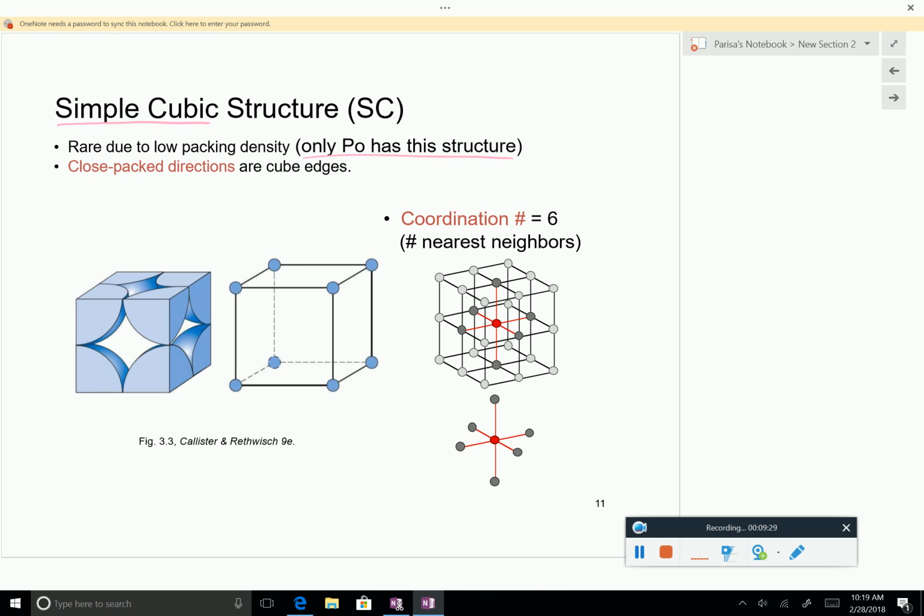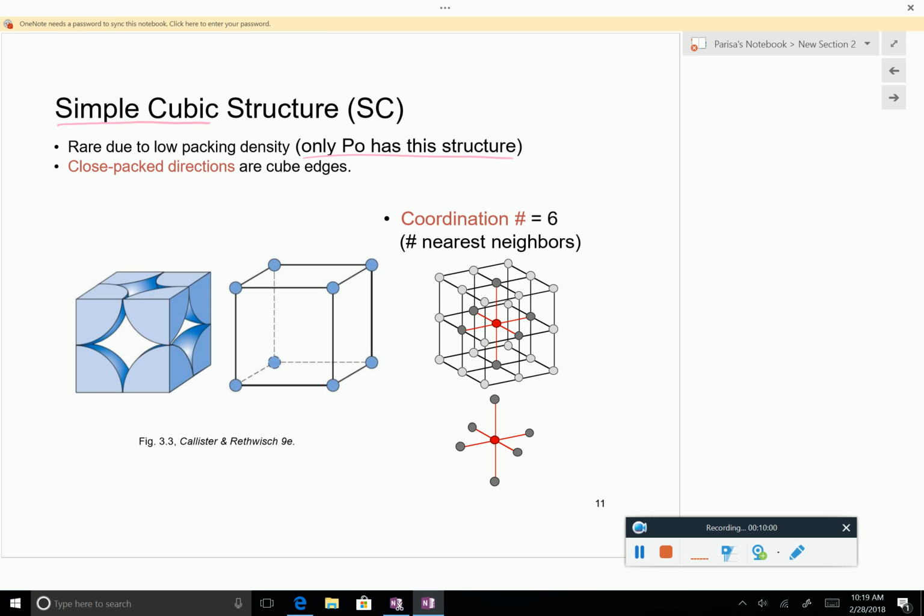The unit cell is just a cube, and then you have these atoms here. There are two different ways to represent a unit cell. Pay attention to the difference between them. In one, you just see the location, but in the other one, you actually see how the atoms are located with respect to each other. For example, you see that they're actually touching, like at each point.